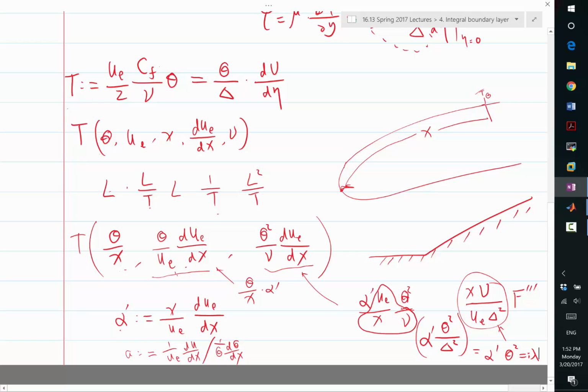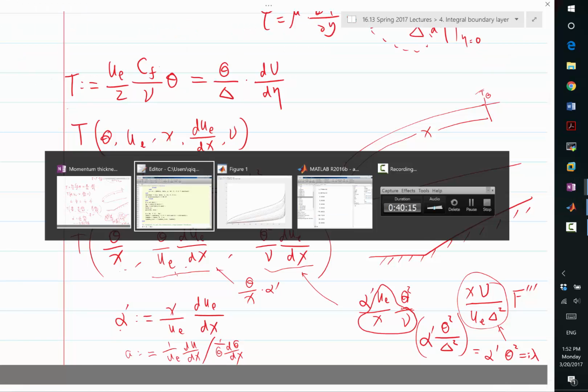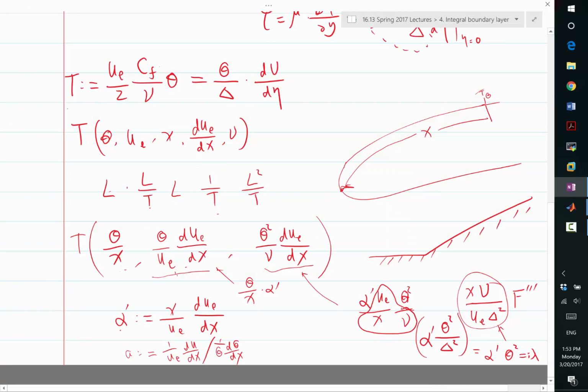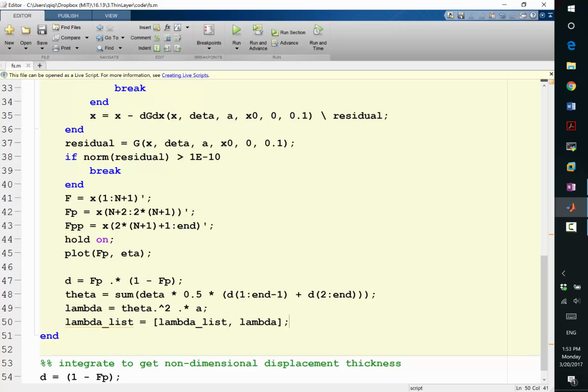So t is defined as that guy: du d-eta times theta over delta. So theta over delta is just my theta in the eta coordinate. So du d-eta, what is? Eta 0. Yes, du d-eta at eta equal to 0. That's right, for skin friction coefficient.